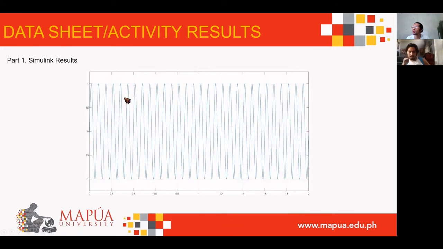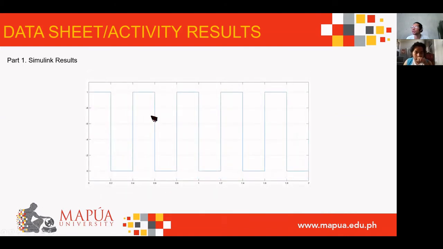You can see for scope 1, for the sine wave generator signal, a sinusoidal waveform as the output signal for the sine wave generator. Next is the pulse signal that the pulse generator produced, and we can see a pulse signal or square wave signal in the plot.